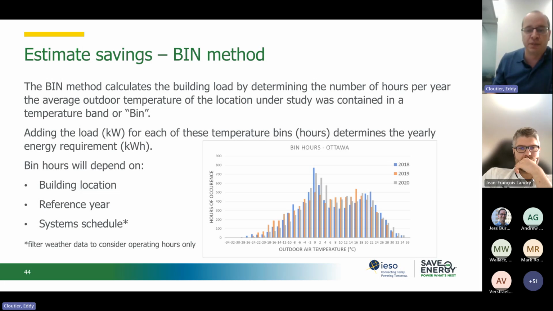So basically, the bin method consists of having an Excel spreadsheet which summarizes how many hours per year are found in different outdoor temperature ranges. The graph presented here is a good example of this, where we see a distribution of temperature and hours of occurrence for three different years for the city of Ottawa.